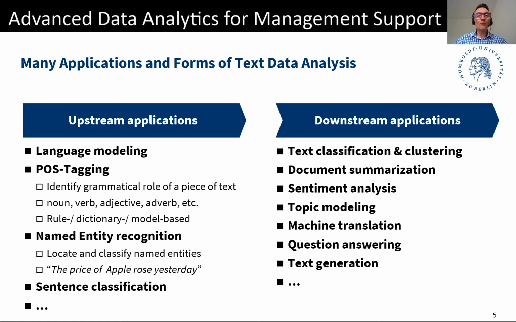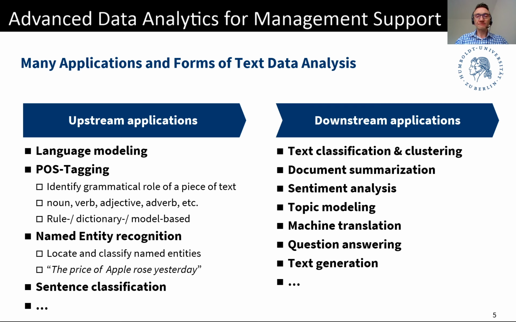Same with POS tagging. We briefly talked about POS tagging, part of speech. POS tagging is concerned with attaching to every word in a sentence its grammatical role. Like this is a noun, this is a verb, this is an adjective. Another task that is often encountered in NLP is named entity recognition.